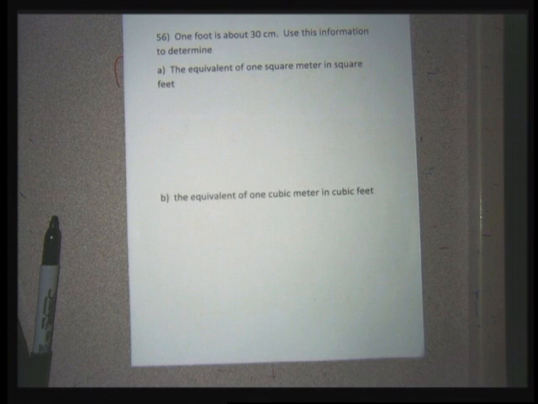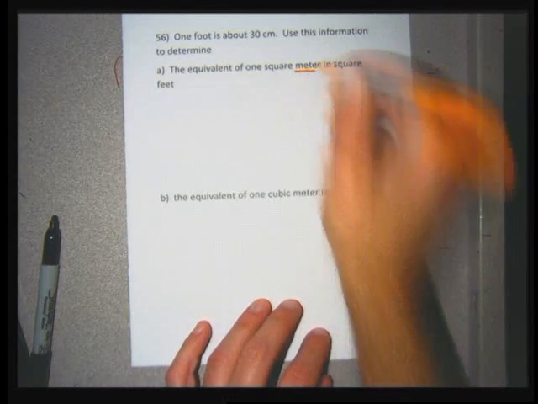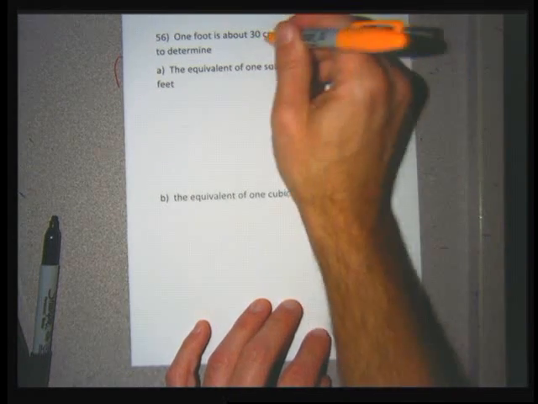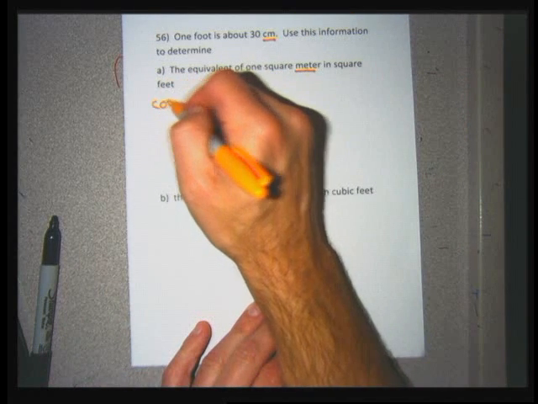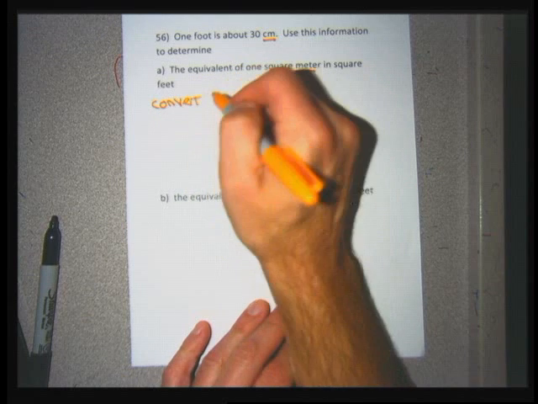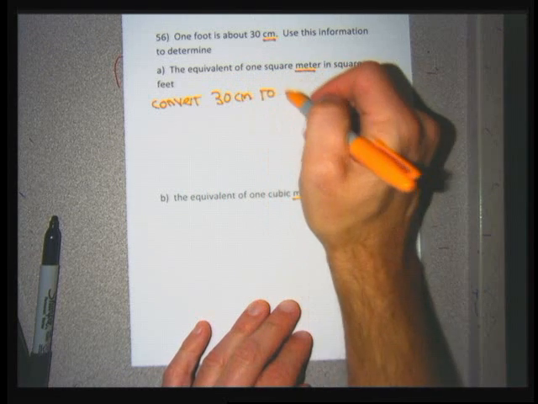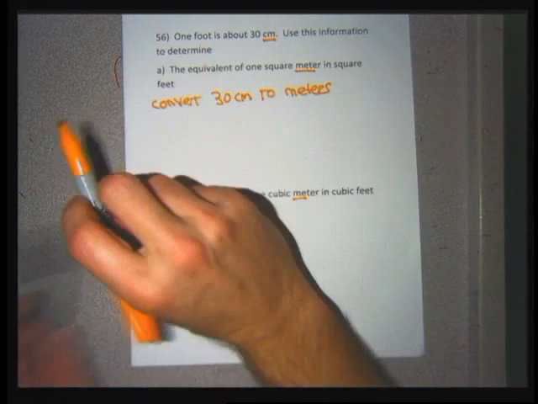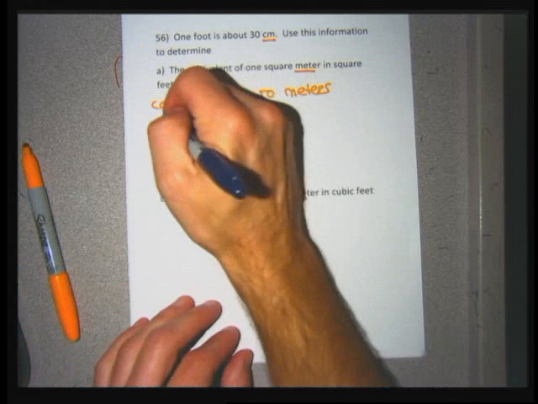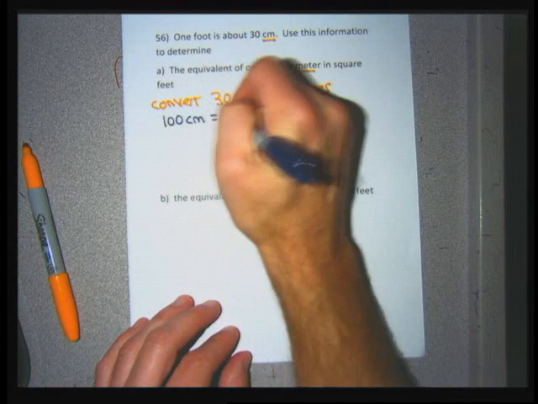So immediately when I look at the problems, I see meters, I don't see centimeters. Let me start off in this problem by converting the 30 centimeters to meters. And I'm going to use a unit that's not given, that I'd give you on a test, that 100 centimeters equals 1 meter.